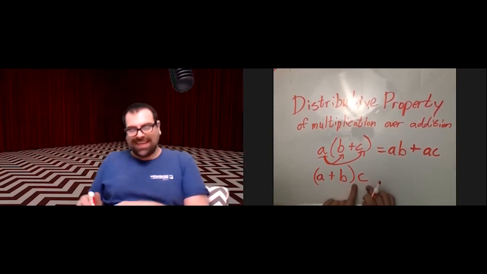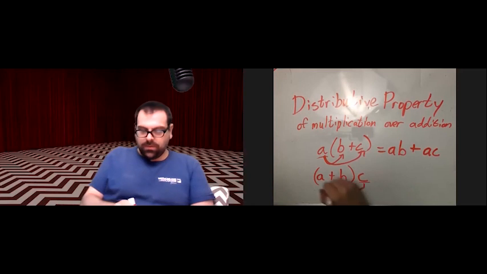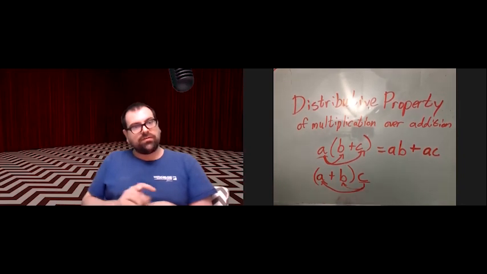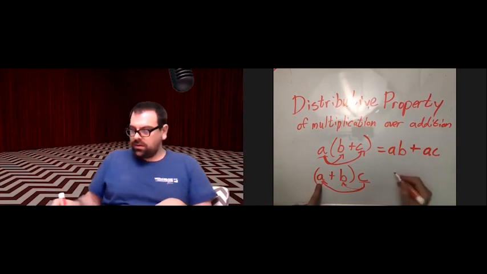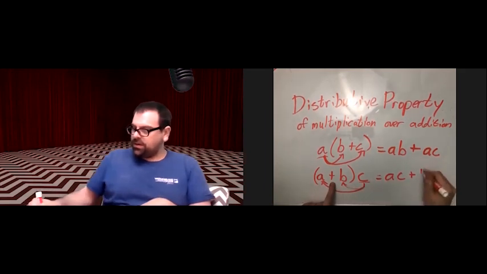It's over here at the end. There are two terms inside the parentheses, so we're going to swing it twice, one to every term in there. This is A times C plus B times C.